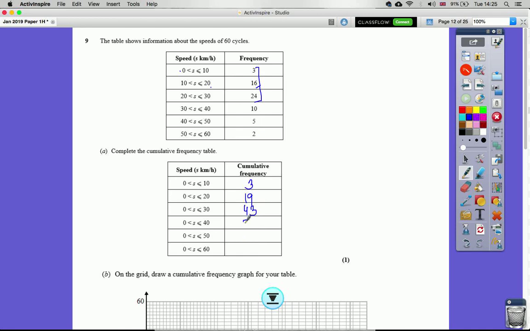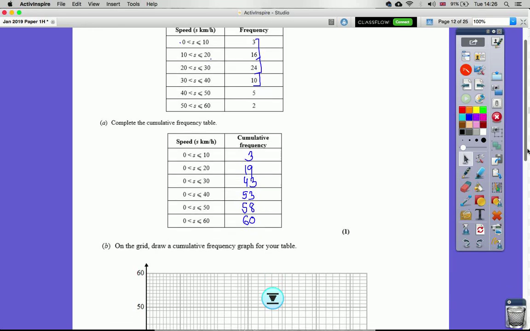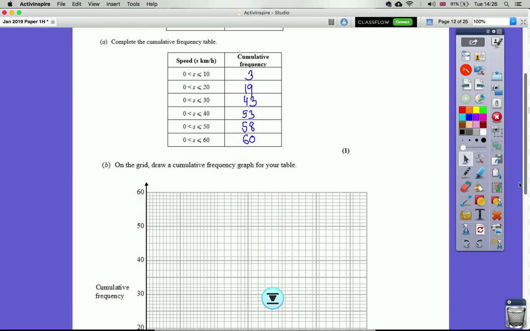Then you have got 53. You're adding each frequency as you go on. 58 and 60. So that's the first part done. Pretty simple, straightforward. And what we are doing here is we are just finding the cumulative frequency.